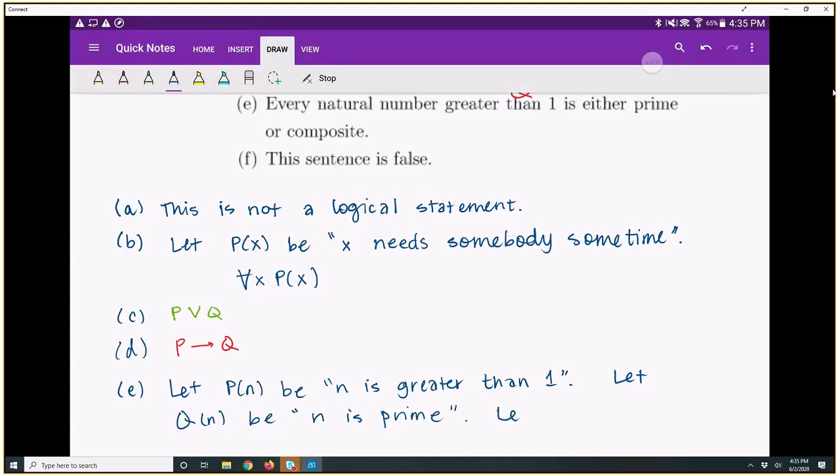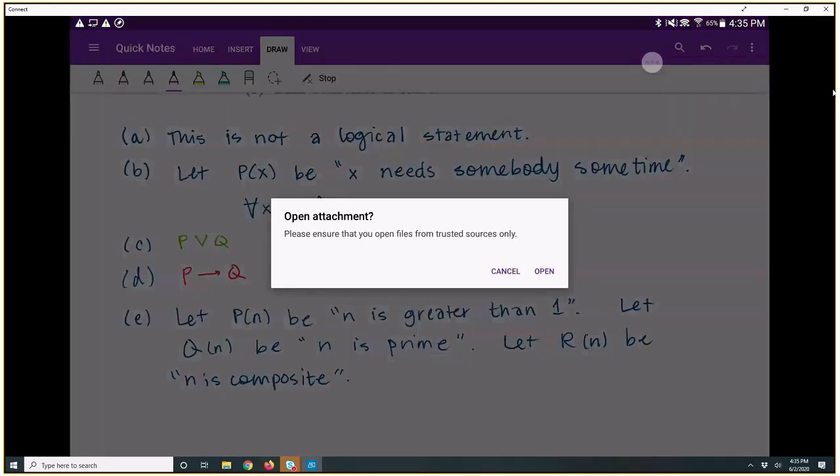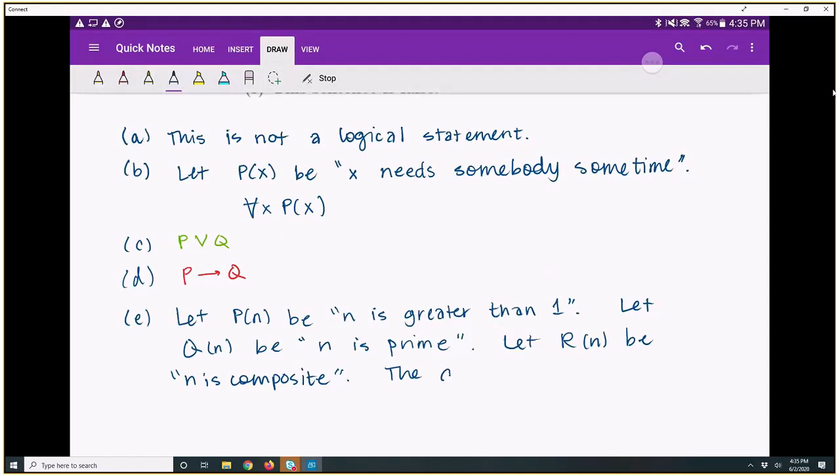And let's let R be N is composite. We're talking about the domain of definition being the natural numbers.